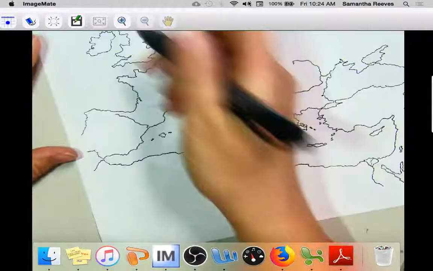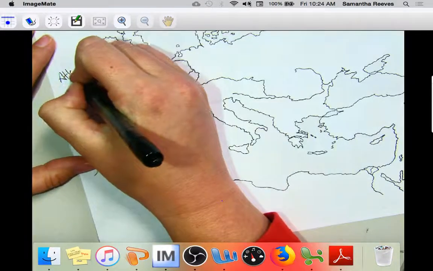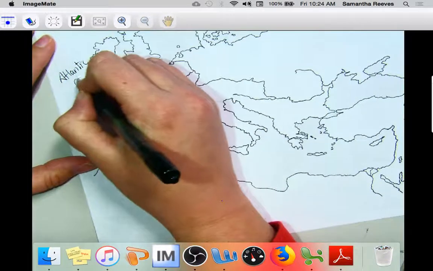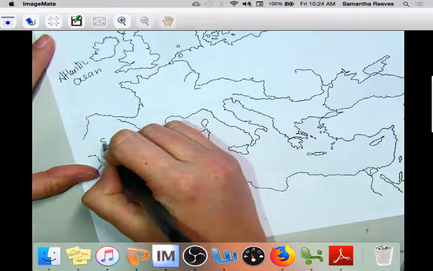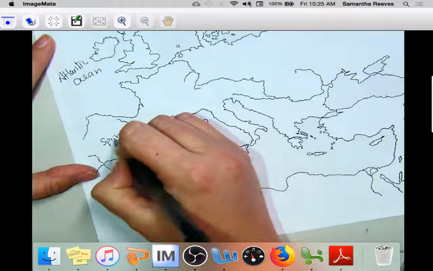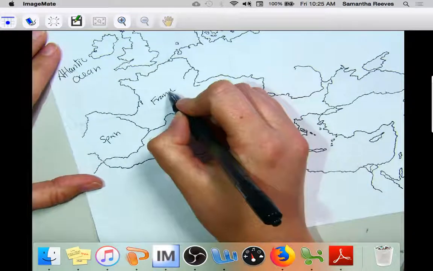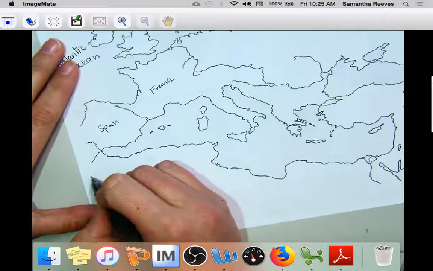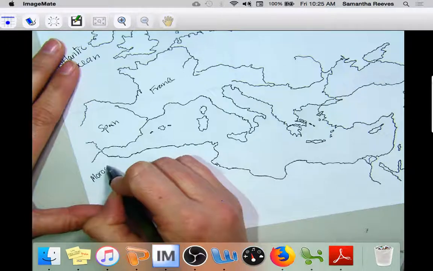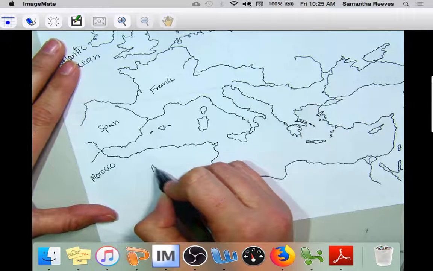Atlantic Ocean. Spain. France. Morocco. Algeria.